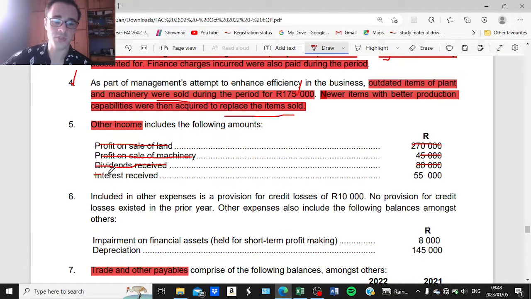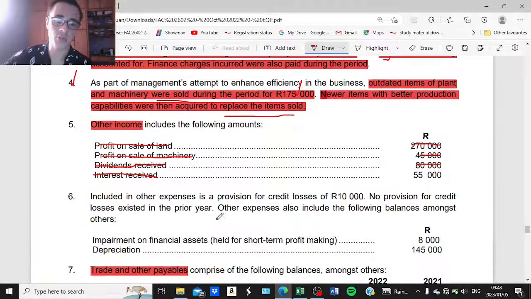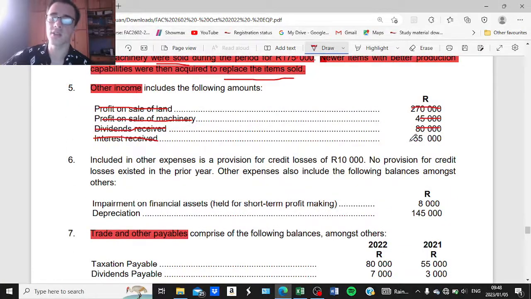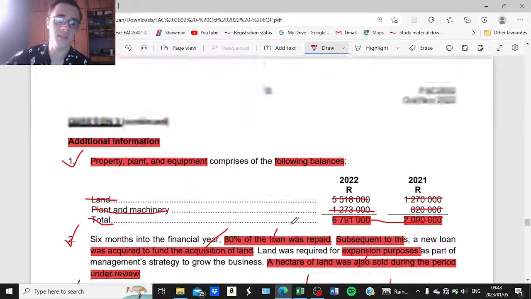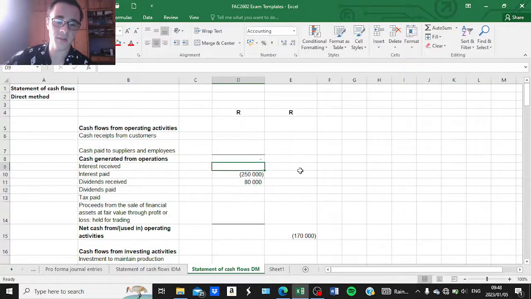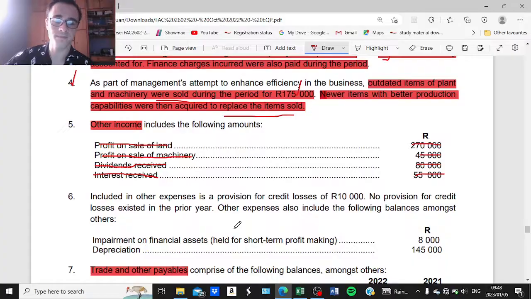And then we have interest received. Same case. There's no indication that the interest was receivable at the beginning or at the end of the year. So therefore, we will take this one as the closing balance or the actual cash flow that occurred during the year. So interest received, 55,000. And because it was received, it will be shown as an inflow.